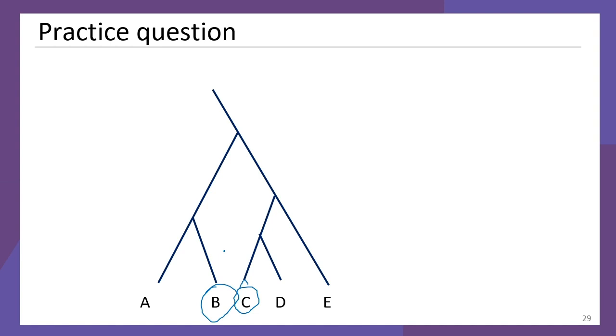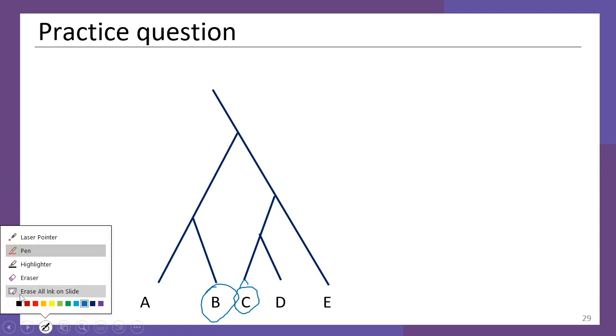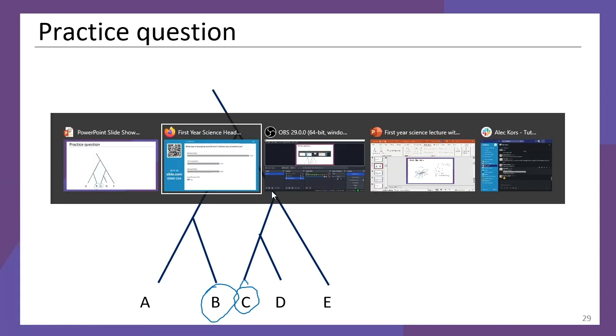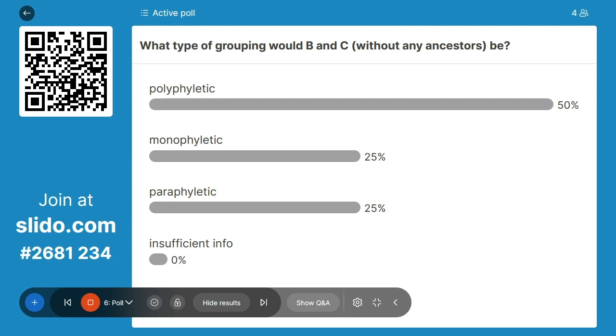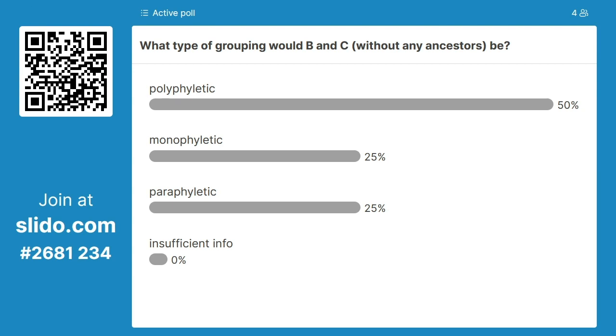It is not correct. Right, this is why I do the practice questions on this, because this trips people up, particularly paraphyletic versus polyphyletic. Right, yeah, we're definitely getting closer here. This time it is safe to follow the crowd because polyphyletic is correct.